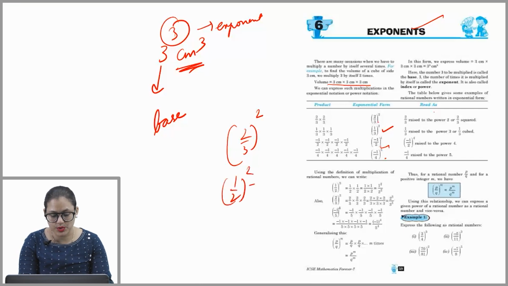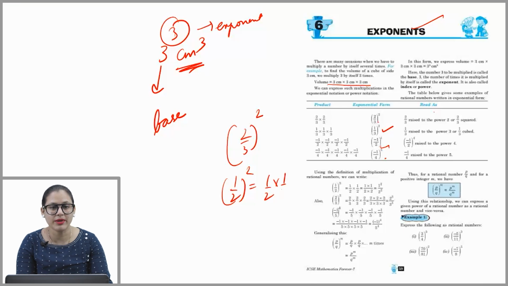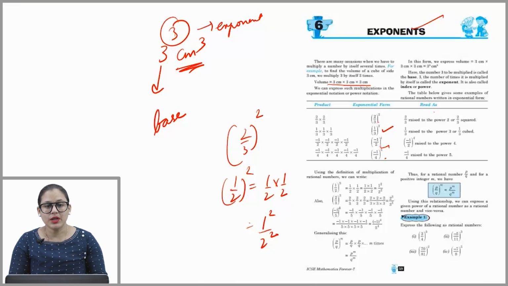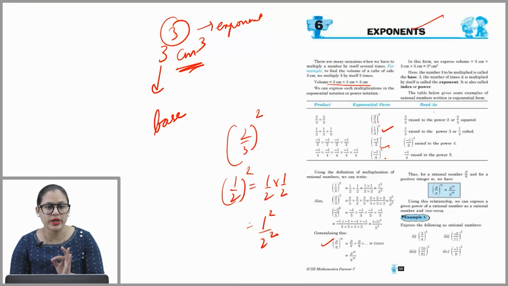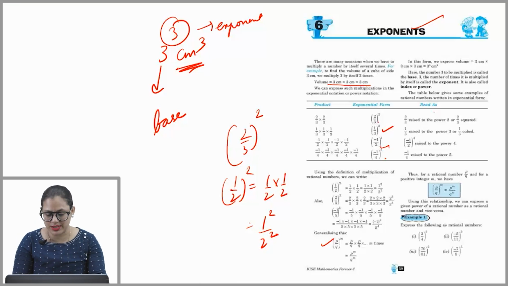So using the definition of multiplication of rational numbers, we can write 1 by 2 square is equal to 1 by 2 into 1 by 2, or you can also write it as 1 square upon 2 square. Now generalizing this, we can say p by q raised to the power m is equal to p by q into p by q, m times, which is p raised to the power m upon q raised to the power m.